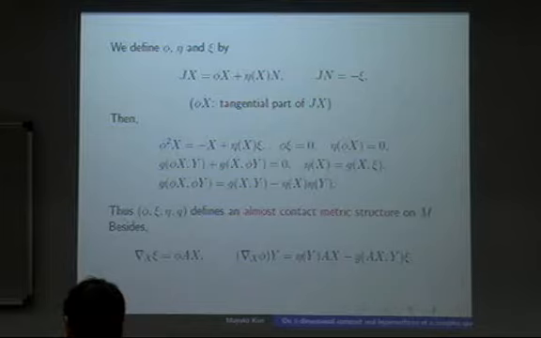Next, we give an almost contact metric structure on the hypersurface. We define (1,1) tensor phi, eta and z by this equation.